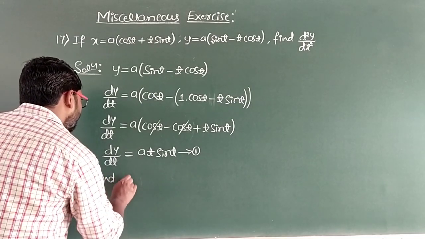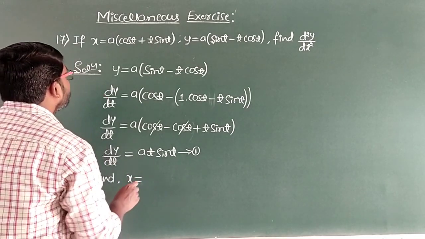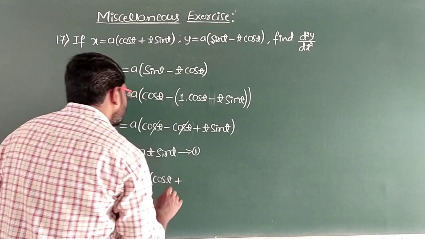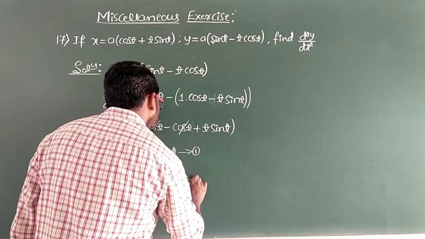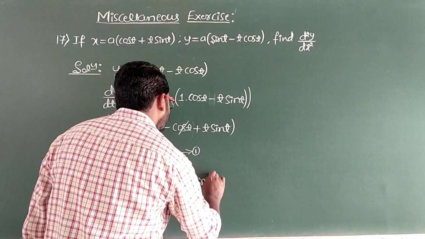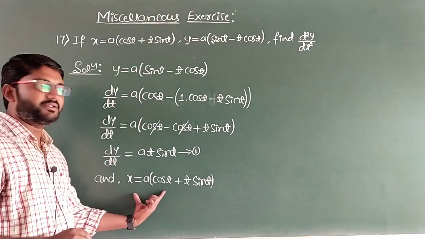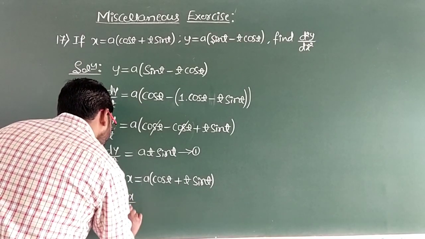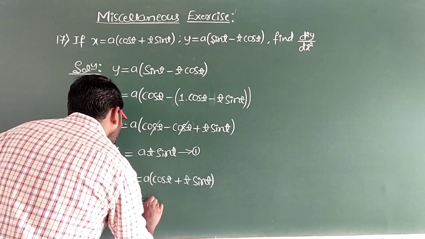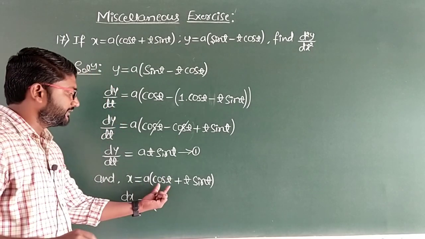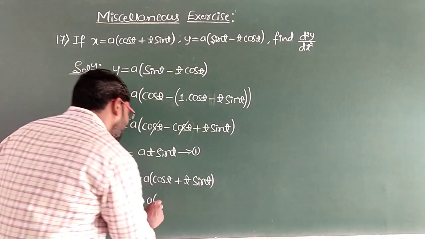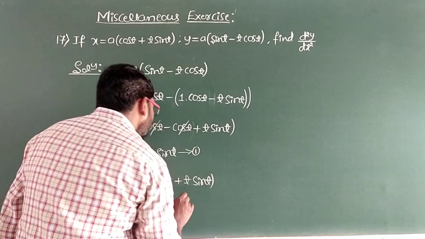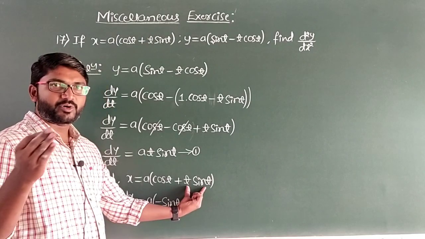And x is equal to a into the bracket cos t plus t sin t. Now differentiate both the sides with respect to t. We get dx by dt equals, a is a constant, I will be writing it as it is. Derivative of cos t will be minus sin t, then plus. Here we need to make use of the product rule.